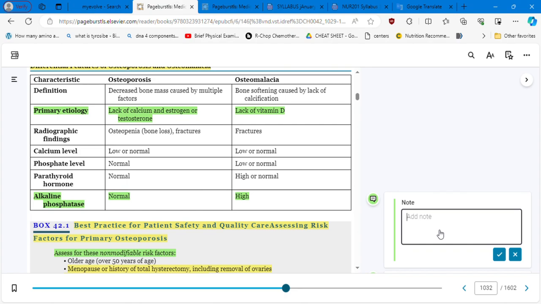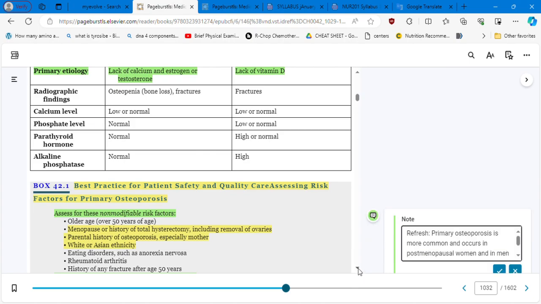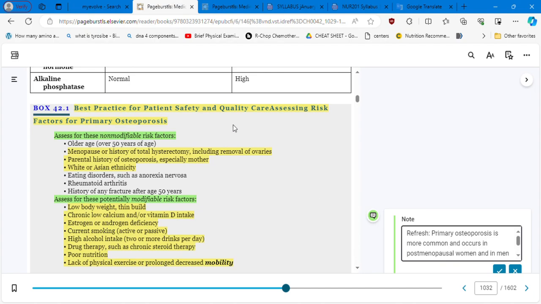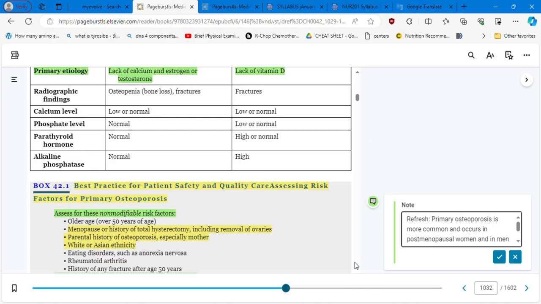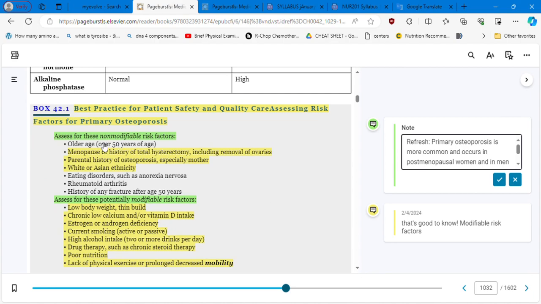So in case of primary osteoporosis, we are going to assess, I don't know what's going on with my computer tonight, but anyway, you need to remember that that is an NCLEX alert. For primary osteoporosis, you're going to assess for non-modifiable risk factors. For example, you are going to check the older age.